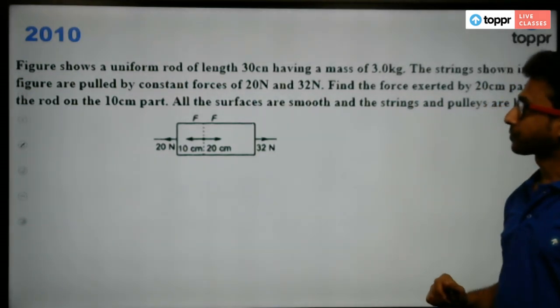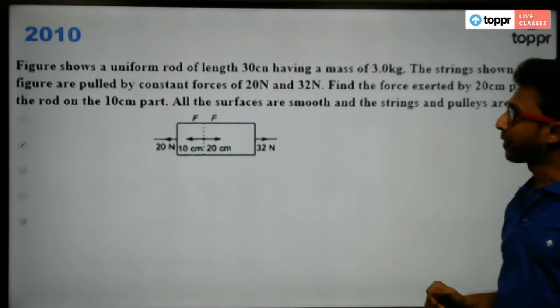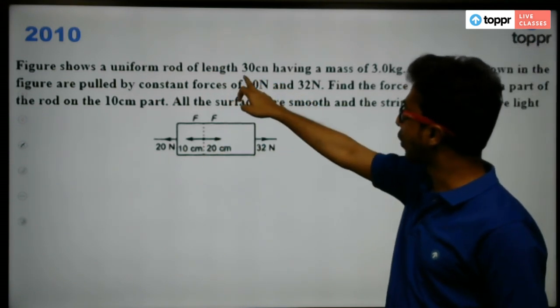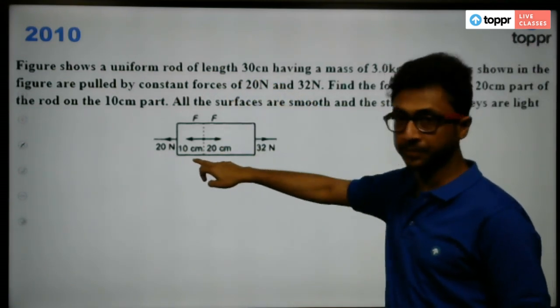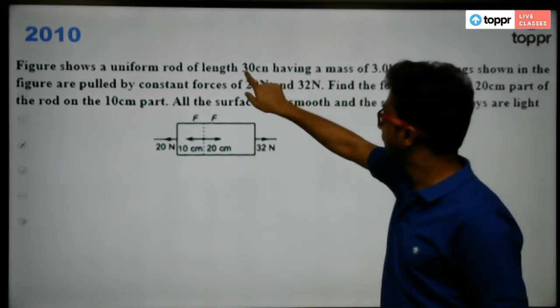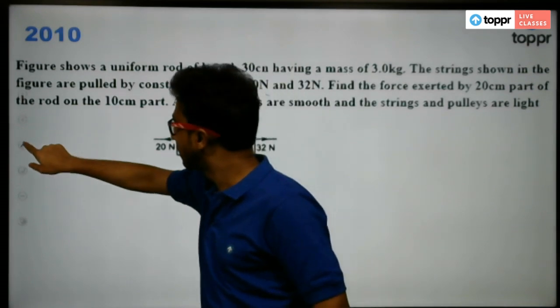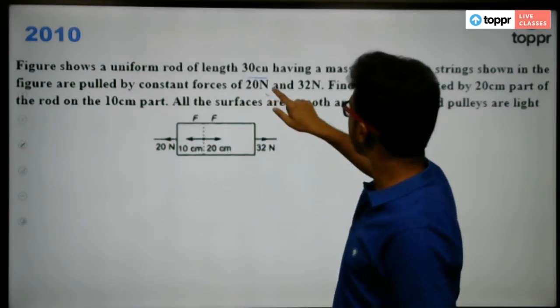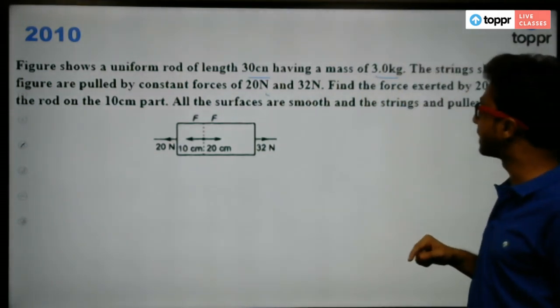Okay. See this problem. The figure shows a uniform rod of length 30 centimeter having a mass of 3 kg. The length is 30 and the mass is 3 kg.